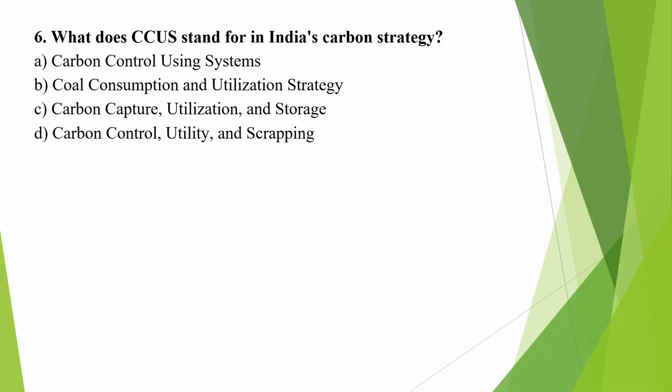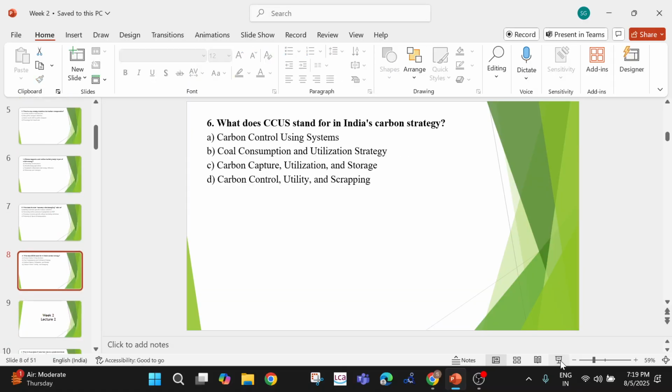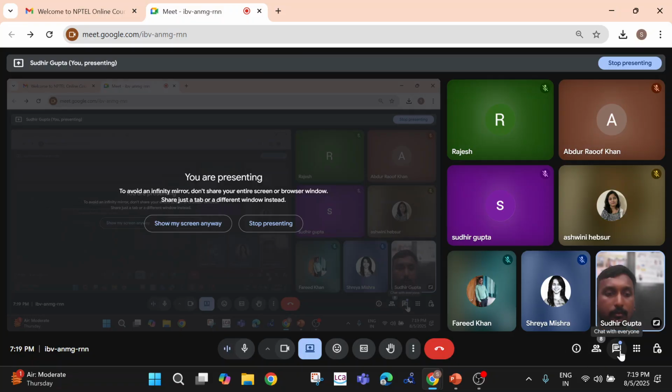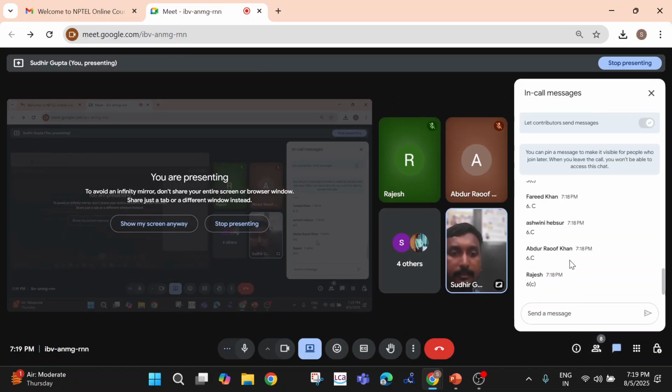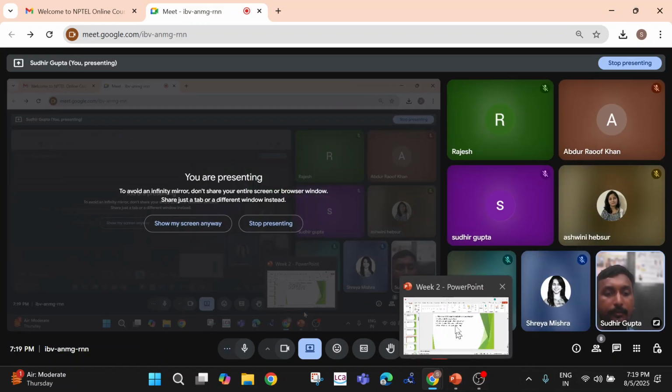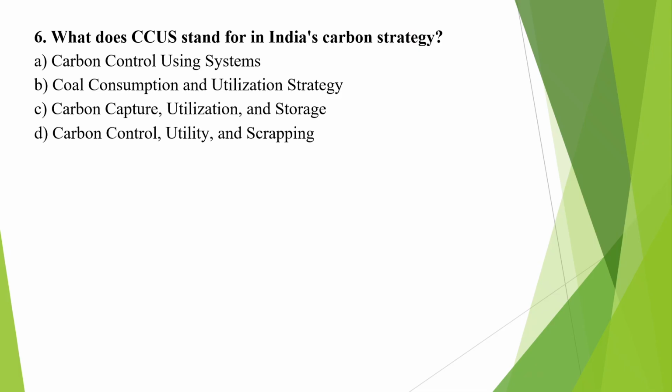Suni, Abdur, and Rajesh, four of you have given your answers. Others who have joined can see that we have received four answers for this question, and all of them are supporting option C. So let us see whether option C is the correct answer or not.